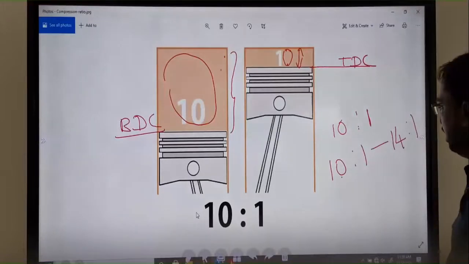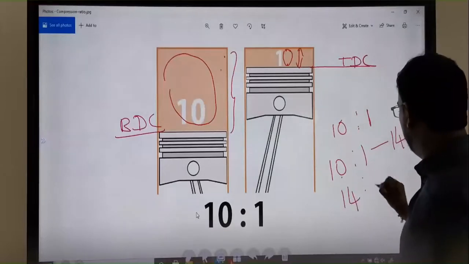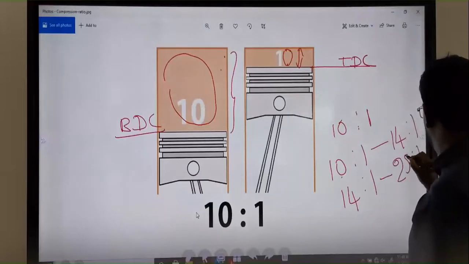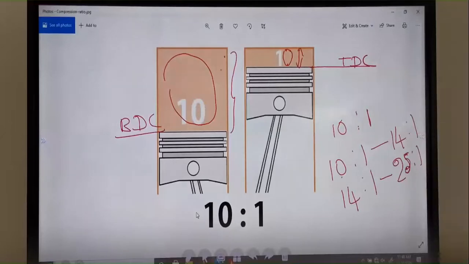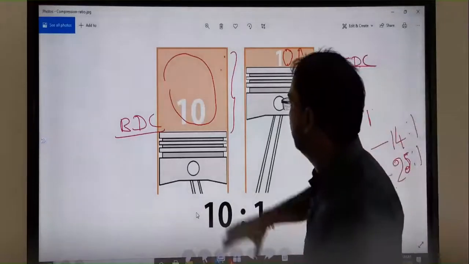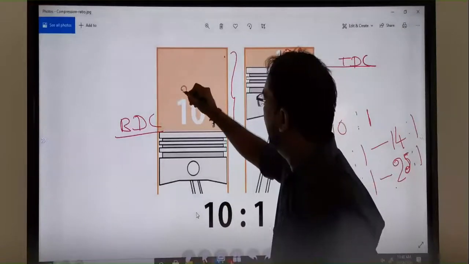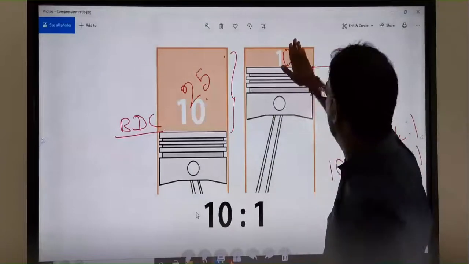Okay, but the diesel engine compression ratio is actually about 25:1. That means, for an example, here is 25 instead of 10.